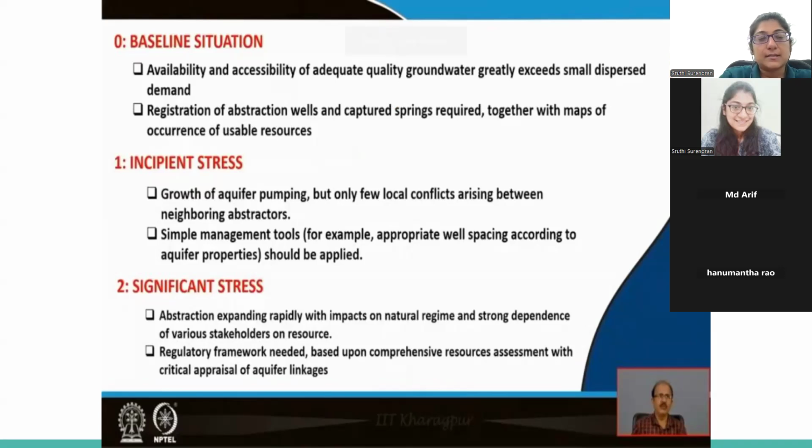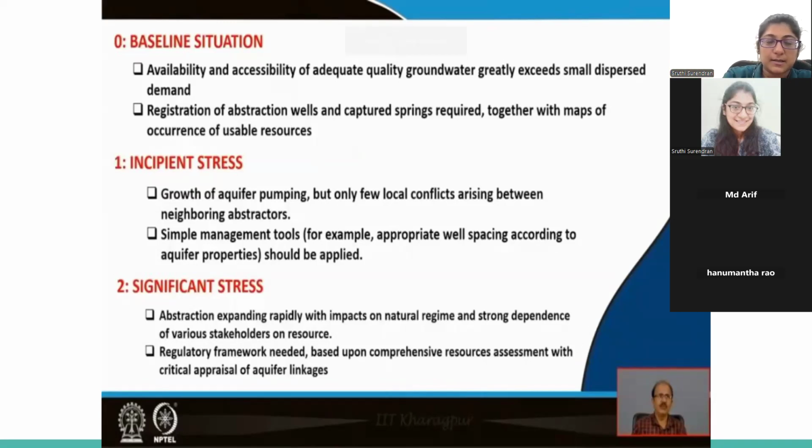Now there is a development stage which is called incipient stress. What is happening? Water is available, but the usage has increased. As a result of this, small conflicts are arising between the people who use it. Then this stage of development is called the incipient stress.